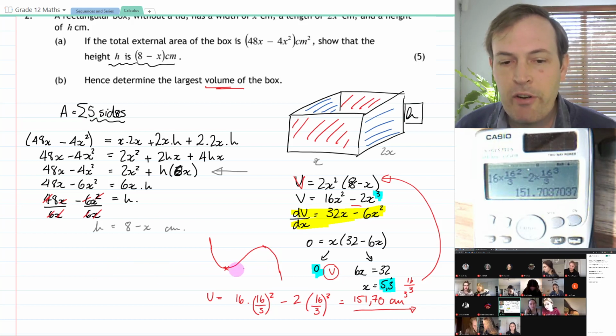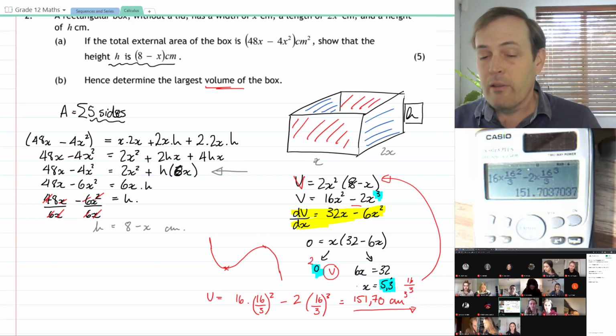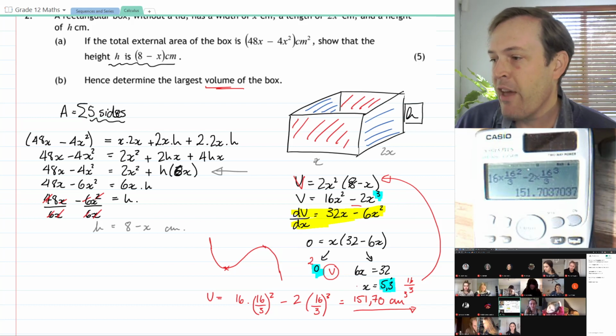But there might be a scenario where that's not a 0 point, where you get something else, and you've got 2 viable answers, and you've then got to decide which is your maximum and which is your minimum.